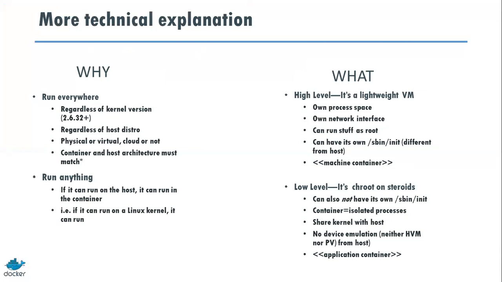So you don't need any hypervisor here. These are called HVM or PV; there are two different kinds of hypervisors. You find it even when you create EC2 instances, where you'll see a lot of these things, HVM and PV. So that is not an emulation. It is a different process.